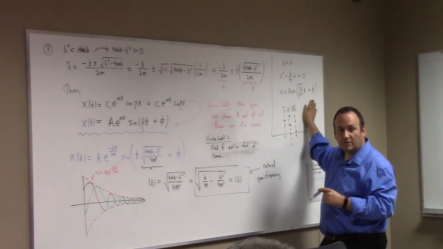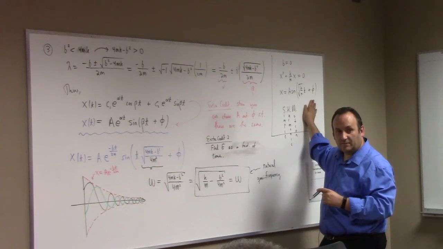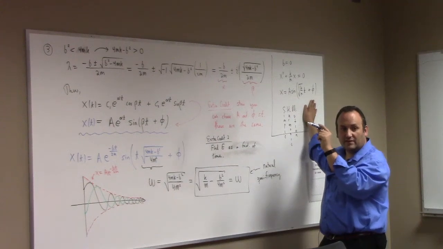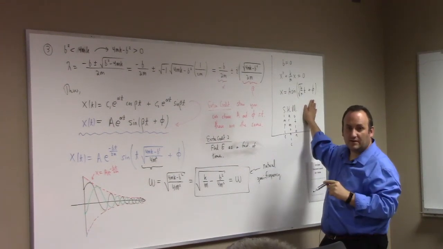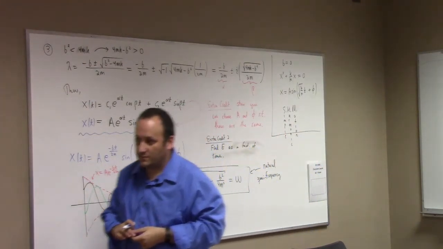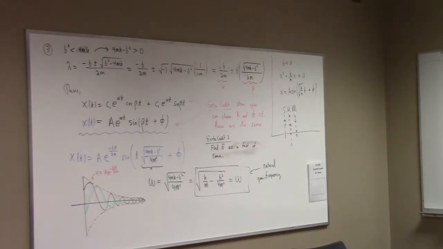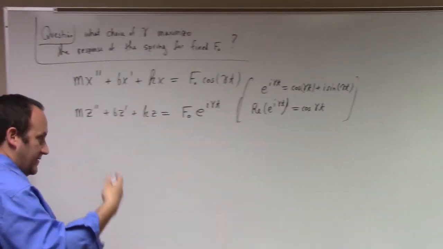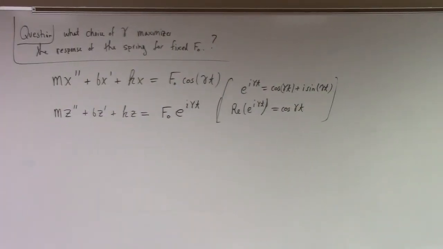We found that the particular solution in the case of pure resonance blows up to infinity. We're going to see that that doesn't happen in the current case. If the friction's non-zero, we're not going to blow up to infinity, but there is going to be a maximum choice of applied frequency γ which maximizes the motion. So my point in that discussion is that all we're really interested in is the particular solution.